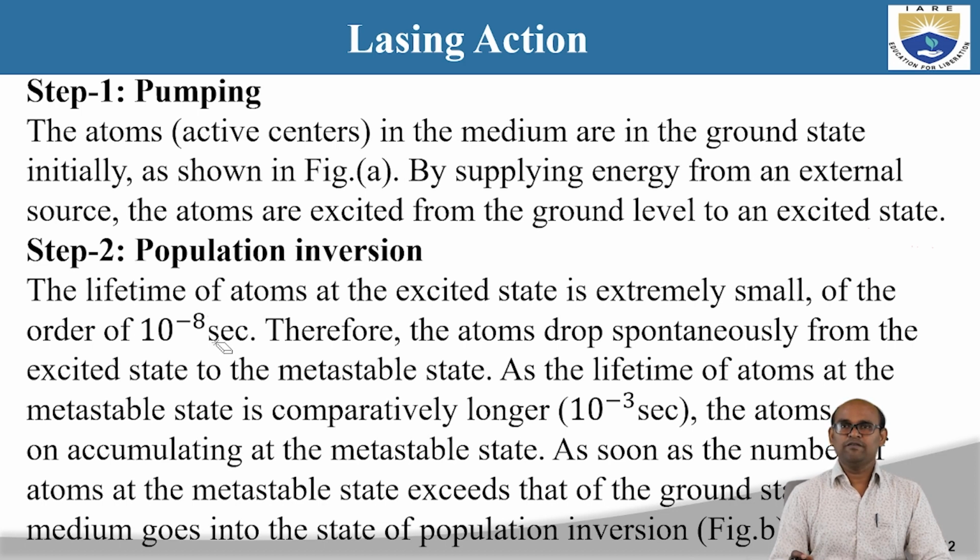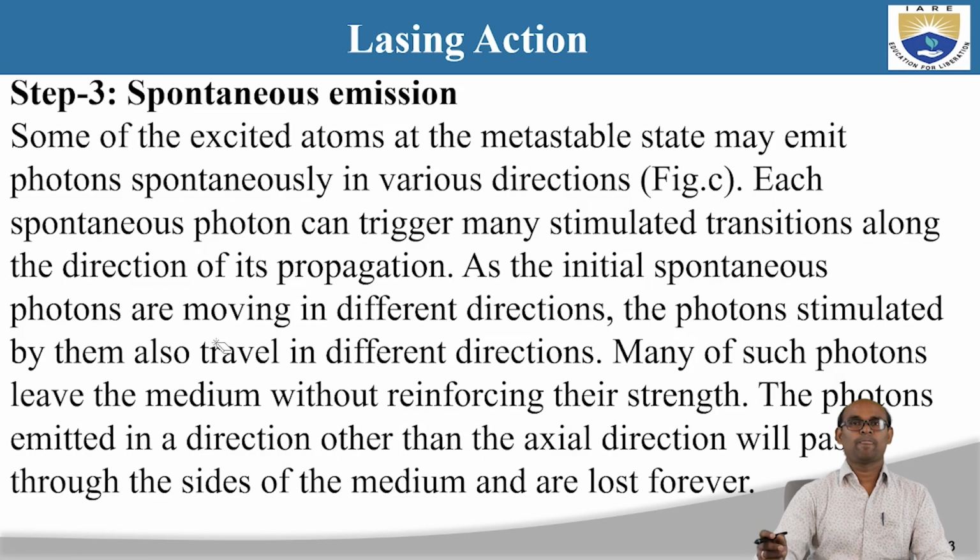Because the lifetime of atoms in the normal excited state is 1 nanosecond, they decay to the metastable state in 1 nanosecond, and then the atoms accumulate in the metastable state because the lifetime is longer there. Then we achieve population inversion between the metastable state E2 and the ground state E1. So the first step is pumping and the second step is population inversion.